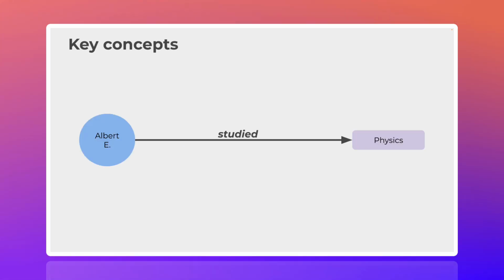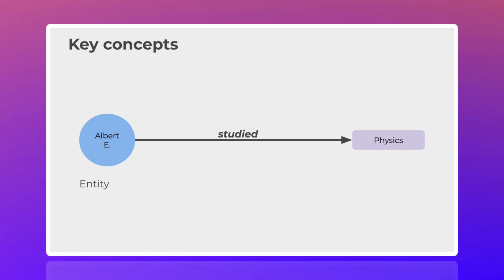Let's go ahead and look at some of the key concepts when it comes to a knowledge graph. You see here we have Albert Einstein, and we know that Albert Einstein studied physics. The key components here: we have Albert Einstein, the starting point, which is what we call an entity. Different domains may have different names, nodes and so forth, but it is indeed an entity.